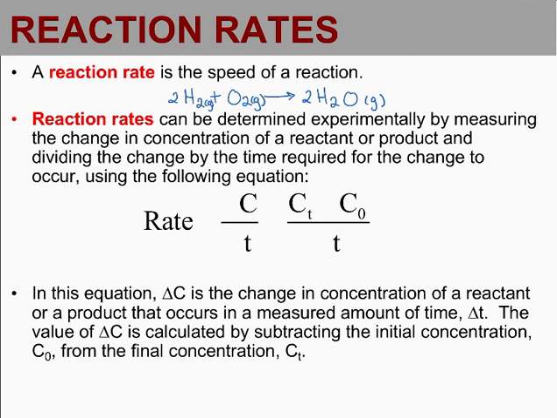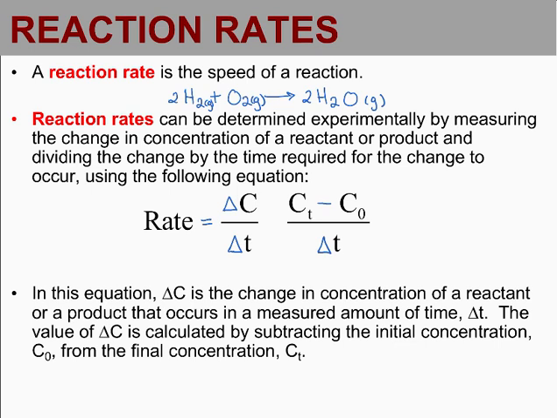Reaction rates can be determined experimentally by measuring the change in concentration of a reactant or product, and then dividing the change by the time required for the change to occur. Oh, apparently we're missing some symbols here. That's probably just due to the PowerPoint text.